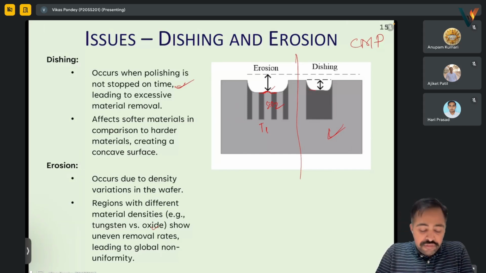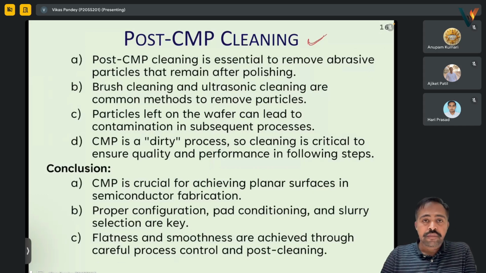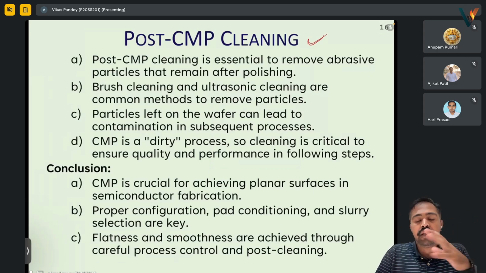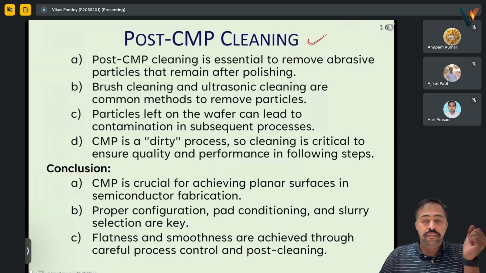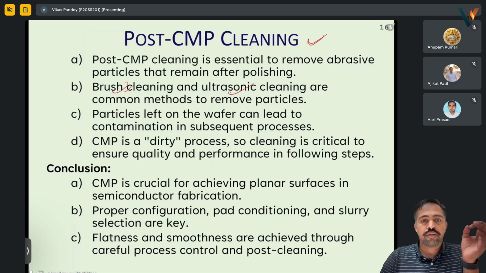So after CMP is done, cleaning is essential because we have put a slurry of abrasive particles that might stick and remain on the surface of our wafer. There we can use brush cleaning or ultrasonic cleaning.